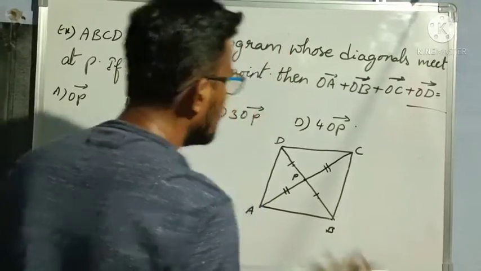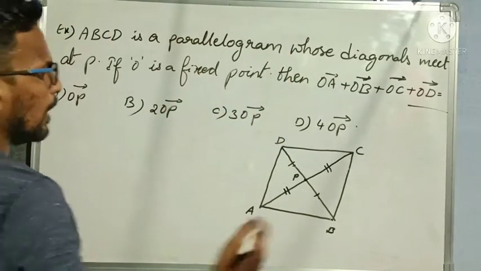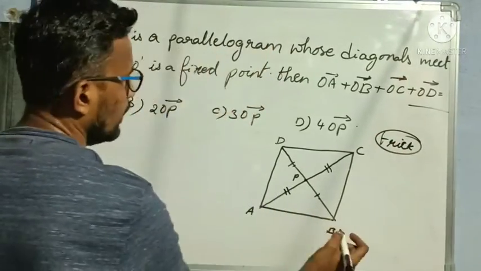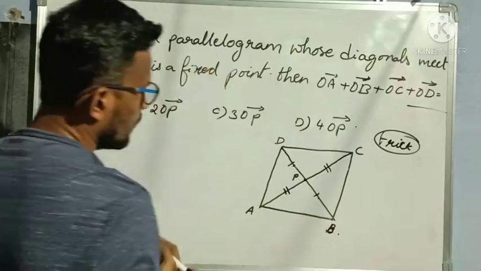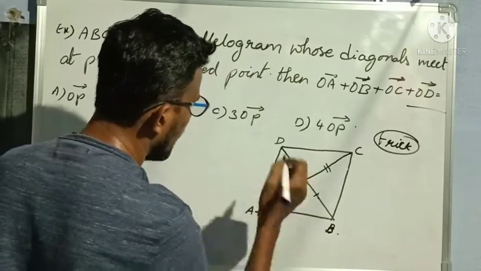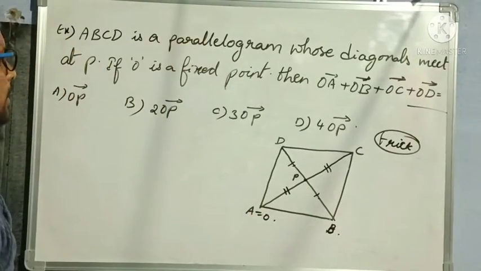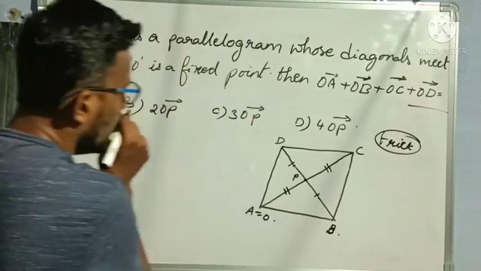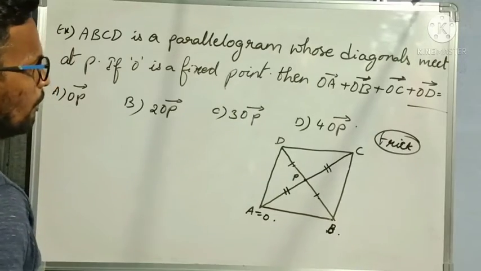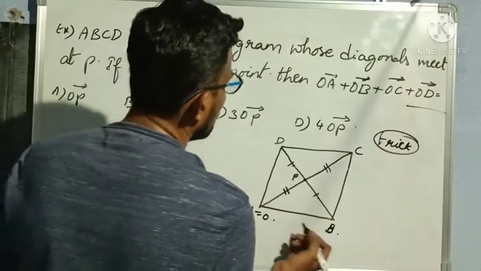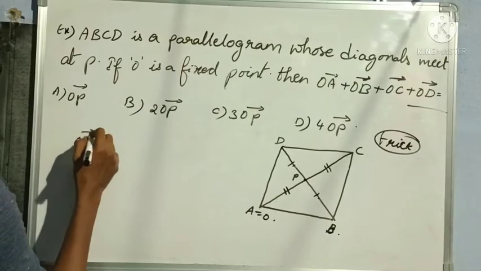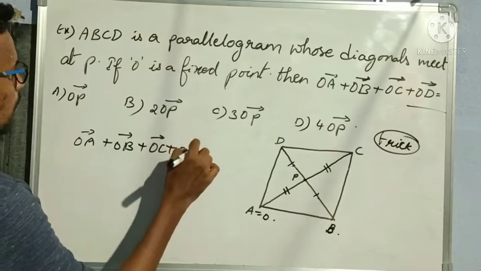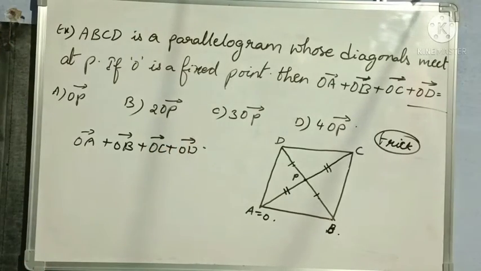Next, now we want, if O is any fixed point. See here, in such type of questions, you have to apply a trick. What trick? Take any letter as the point O. For suppose, for my convenience, I am taking this A as O. So now, first let me take OA plus OB plus OC plus OD.